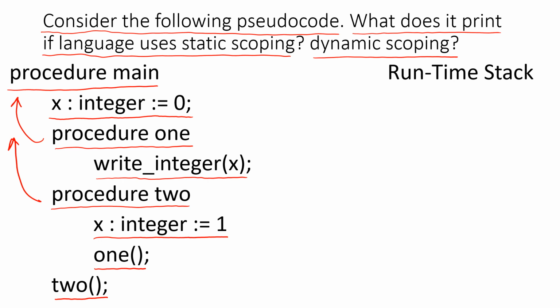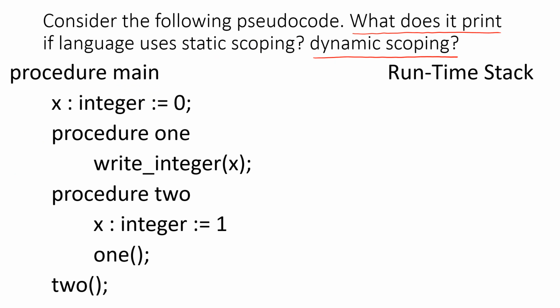The idea is very simple. What we are going to do is, let me first erase this. Okay. Good. So what we are simply going to do is construct a runtime stack.